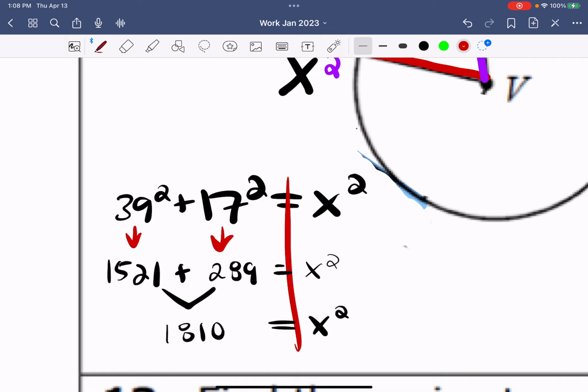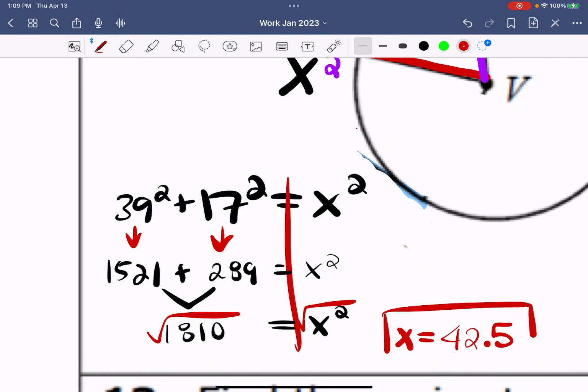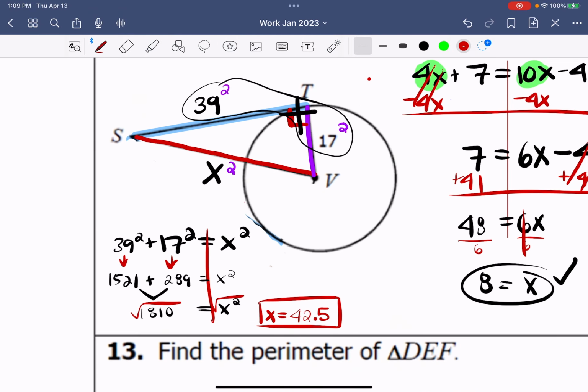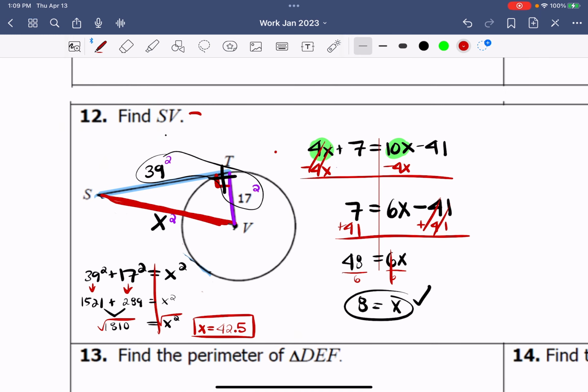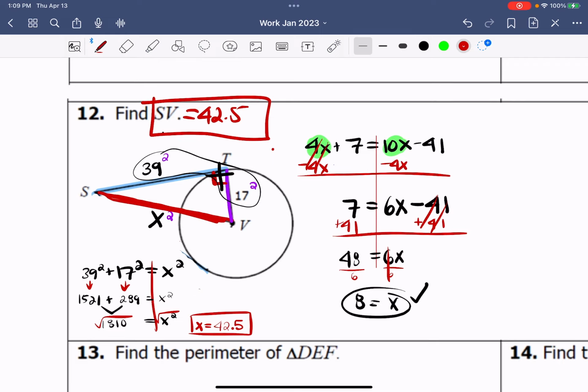And then at the end, to get rid of the squared, I square root. And I get x equals 42.5. It was a decimal. All right, there you go. So it means that SV, right here in this line, is 42.5 long.